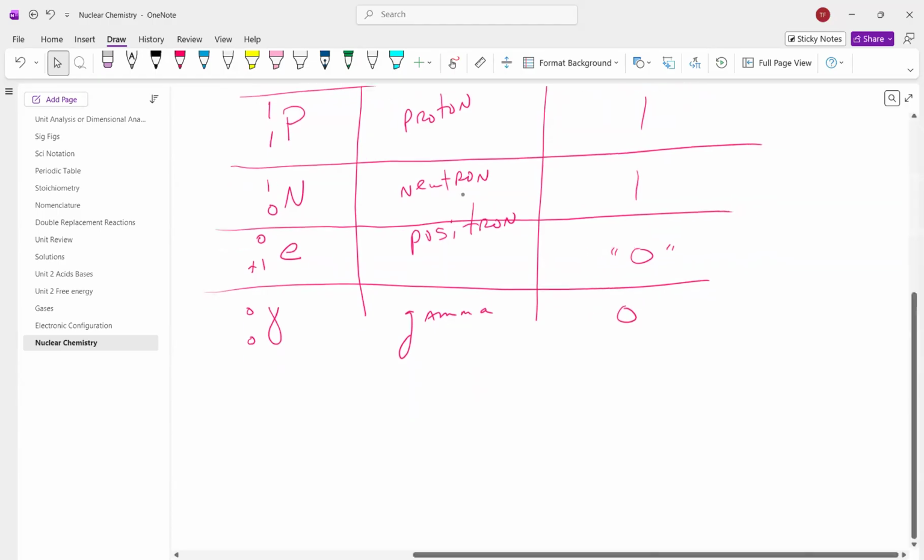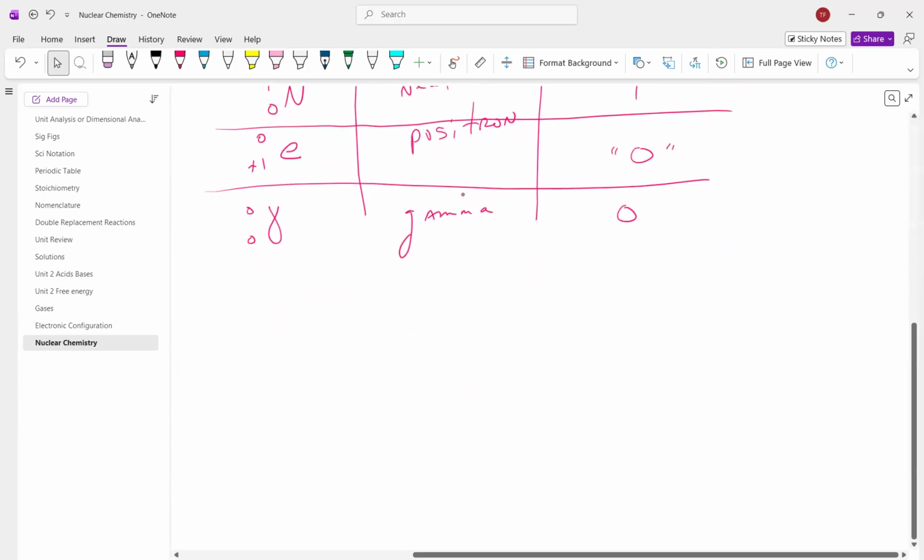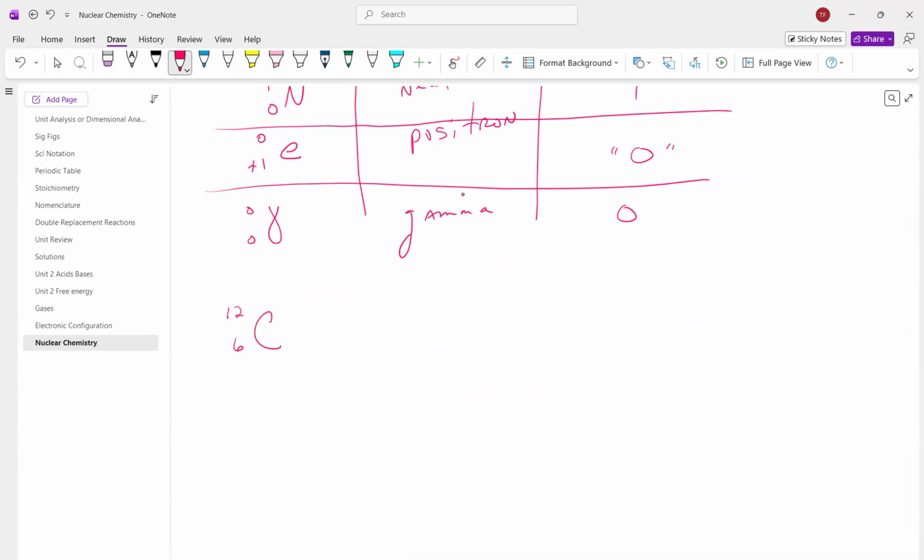Okay, so let's look at carbon 12. And we are going to lose, there's one other.